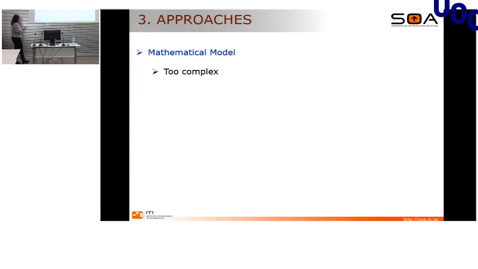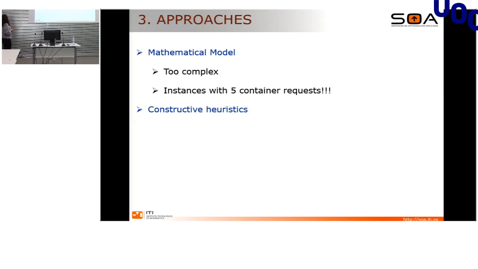So it's really complex. So it's only able to solve instances with 5 container requests. So it's not very useful until now. Now we are working on constructive heuristics in order to solve larger instances.